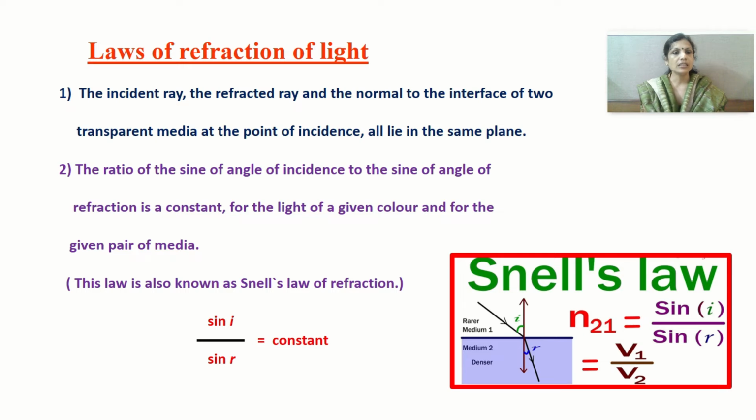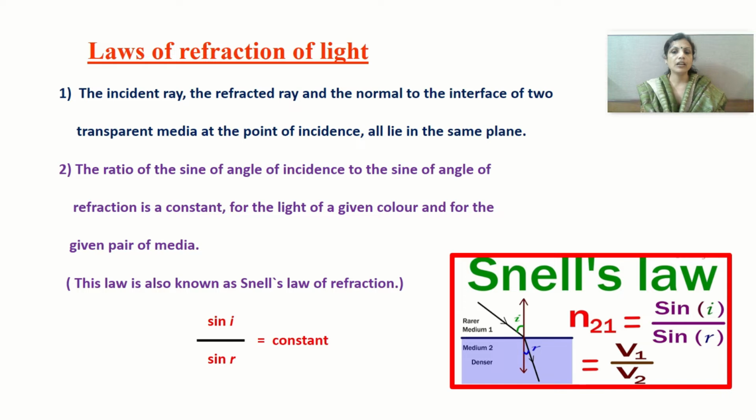The second law is that the ratio of sine of angle of incidence to sine of angle of refraction is constant, and this is constant for light of a given color and for a given pair of media. This is also called Snell's law. So sine i upon sine r is equal to a constant, and this is called Snell's law.